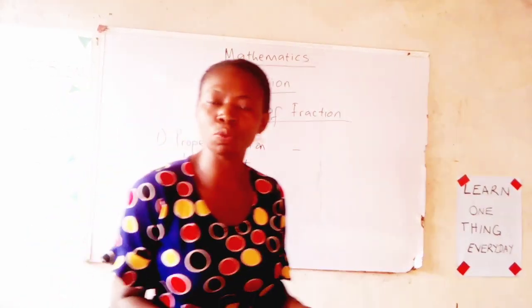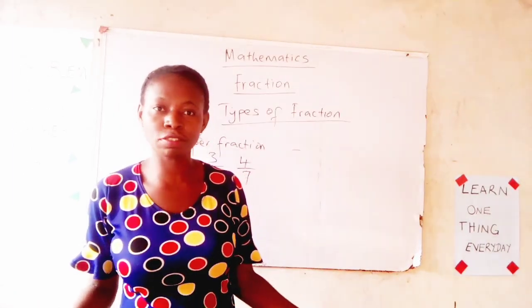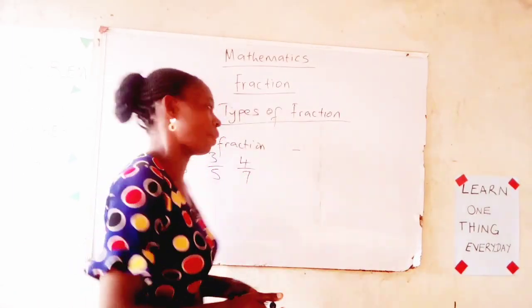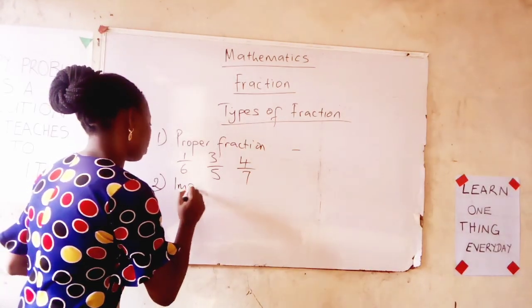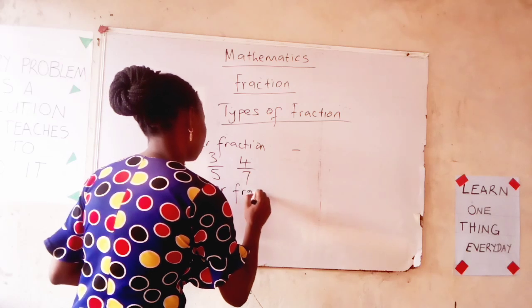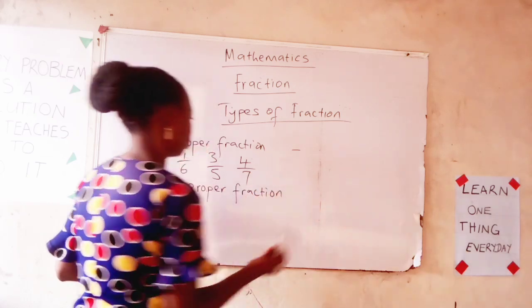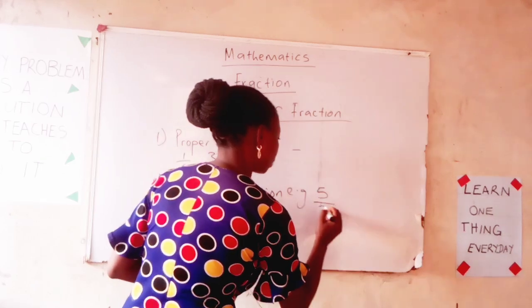But the time comes when the numerator becomes bigger. That becomes something else. We call it improper fraction. So the next is improper fraction. Example is 5 over 2.